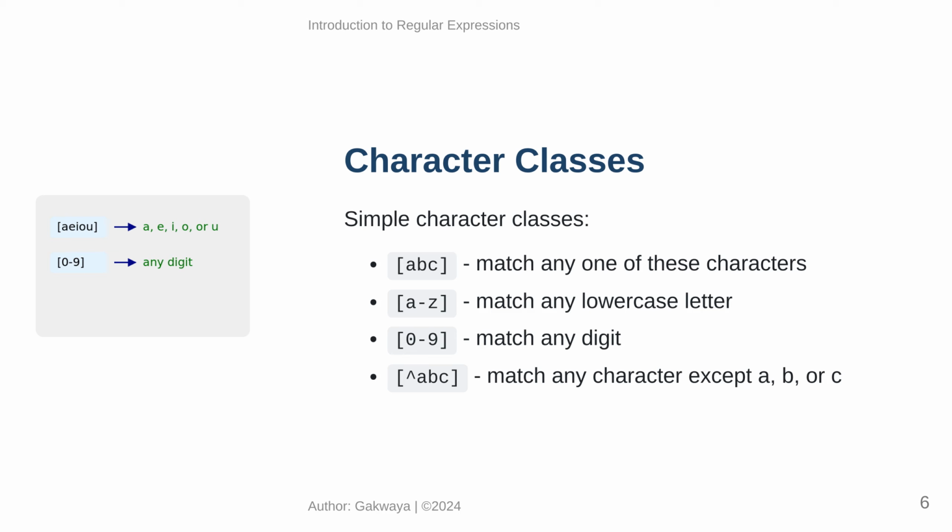You can list them individually like A, E, I, O, U for vowels, or use ranges like 0 to 9 for digits or a to z for lowercase letters. The caret symbol at the start of a character class inverts it, so caret 0-9 means match anything that's not a digit. This is incredibly useful when you want to match everything except certain characters. Character classes are fundamental building blocks for more complex patterns.